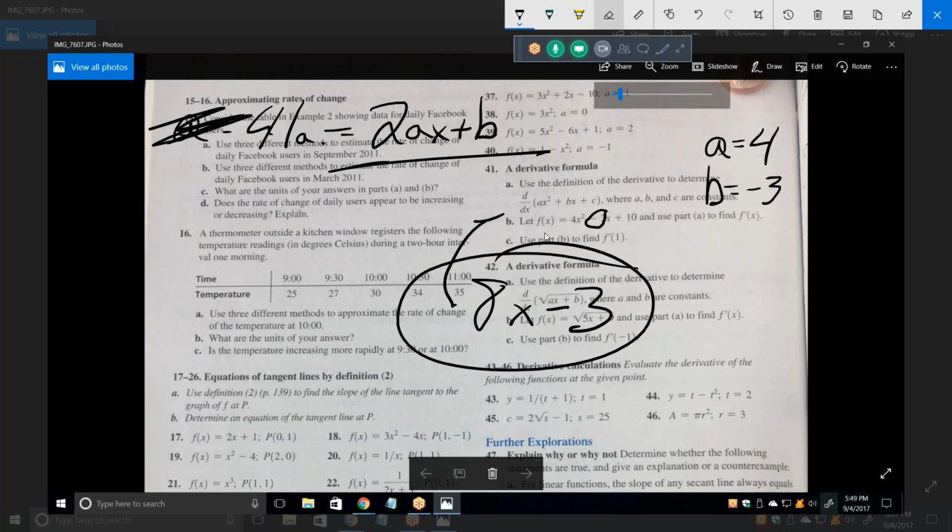And notice that if we did that problem the easy way, using the power rule, it's 8x minus 3. Now find f prime of 1. 5. Good. What's next?